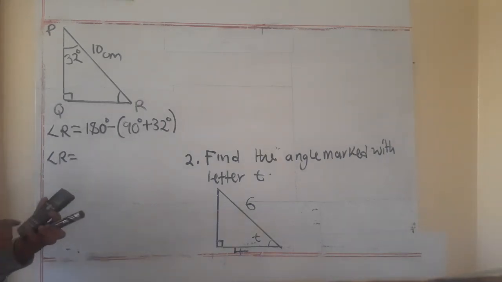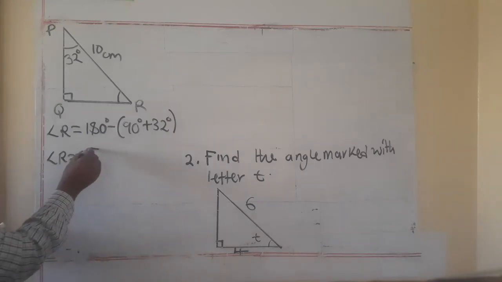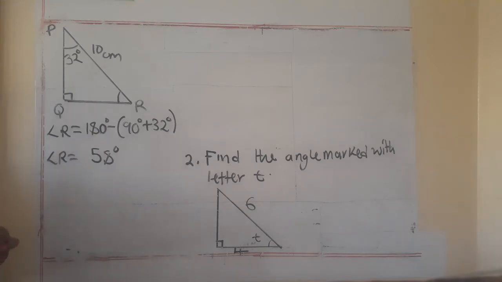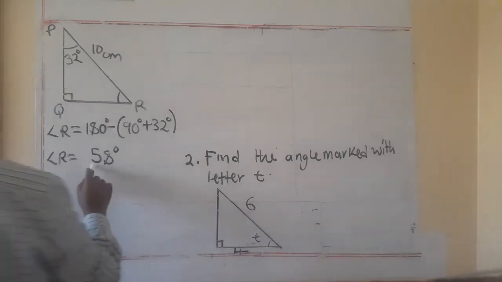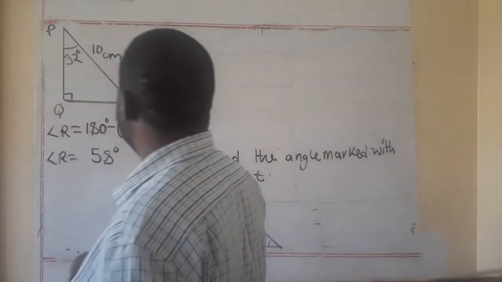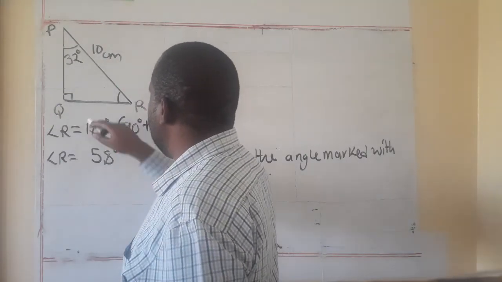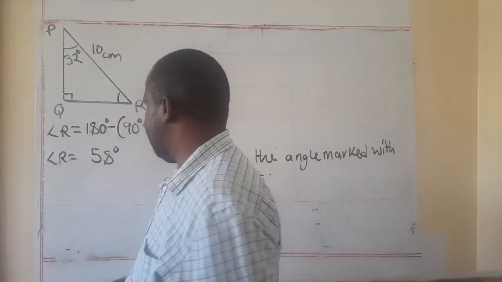Say 180 minus, open the bracket, 90 degrees plus 32 degrees. Okay, so we are going to get 58 degrees. I hope that is okay. So we are saying this one is 58 degrees.